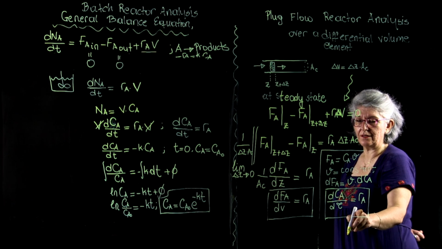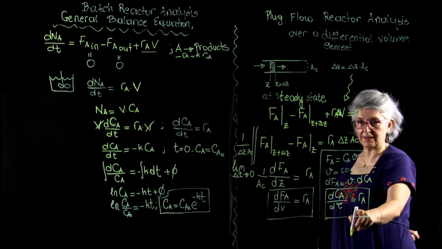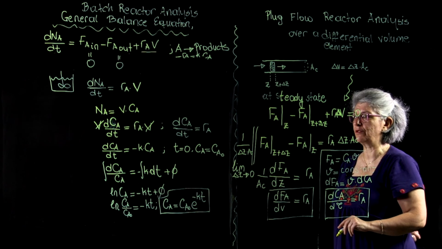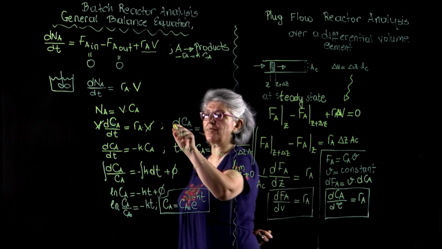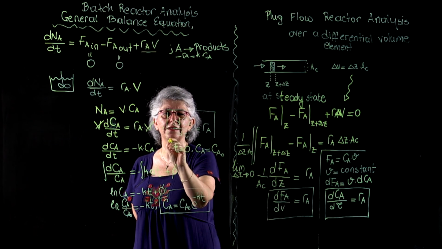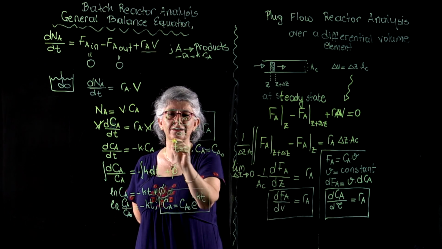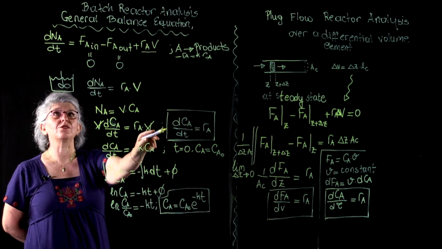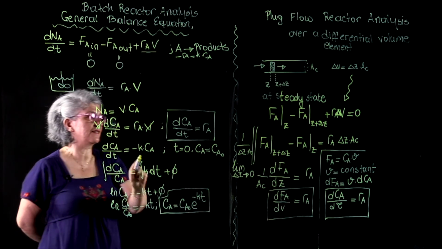So I want you to compare this expression, dCA over d tau equal to R sub A, with this expression, dCA over dt equal to R sub A. This was the design equation for a batch reactor.